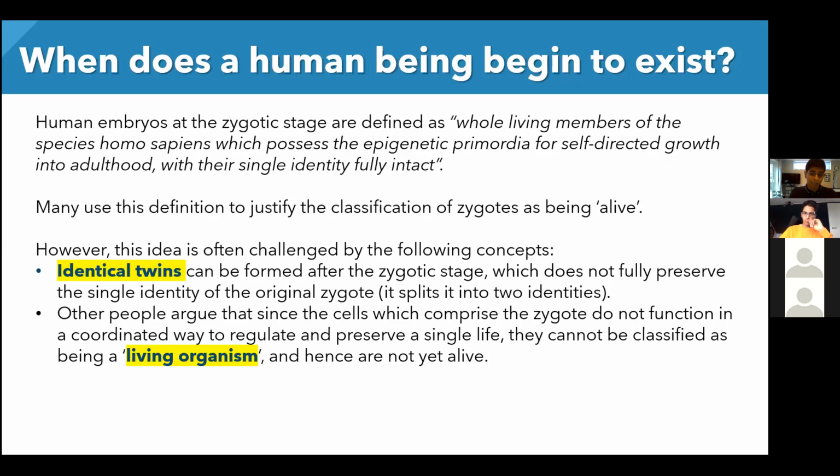Again, people argue that the cells which comprise the zygote don't function in a coordinated way to regulate and preserve a single life. That's the definition of a multicellular organism, with different cells working together to preserve a single life. Since the cells in a zygote do not do this, people say that it shouldn't be classified as a living organism, whereas when the organs are developed, then perhaps it can be.